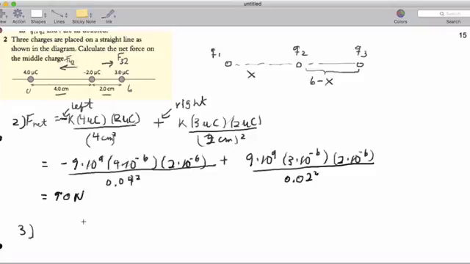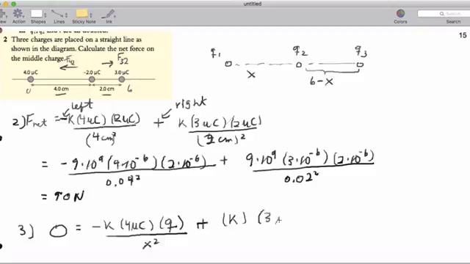And now I'm going to set up the force equation like this. The net force should be 0, and this is going to be negative k times 4 microcoulombs times the unknown all over x squared plus k times 3 microcoulombs times the unknown.